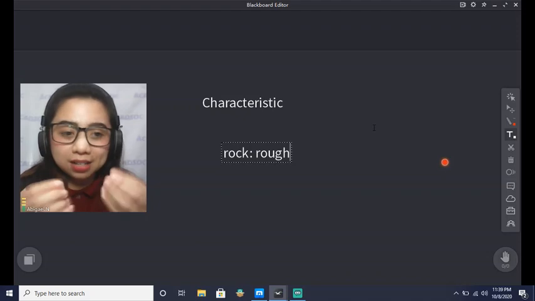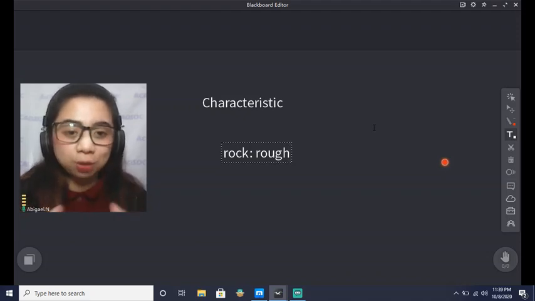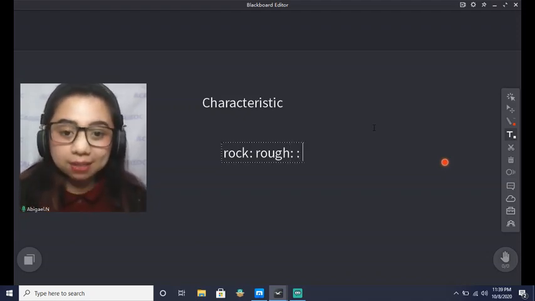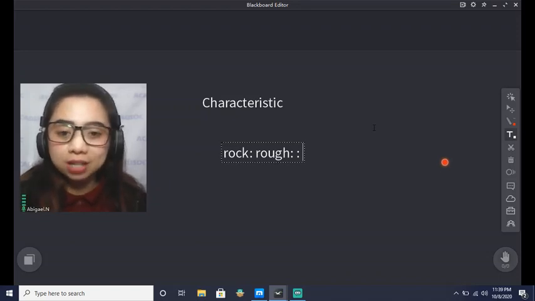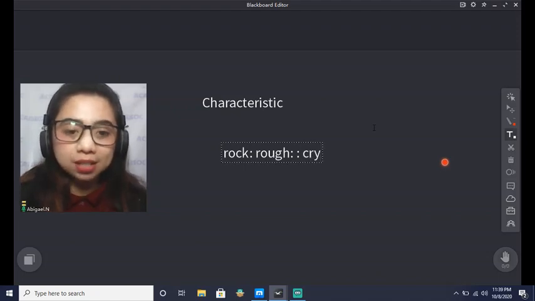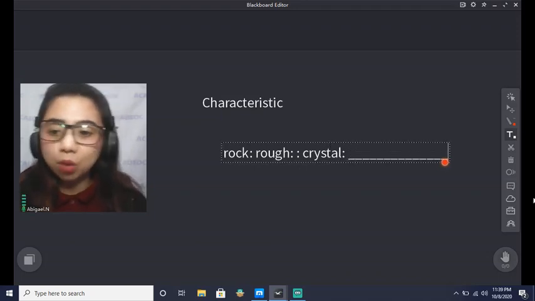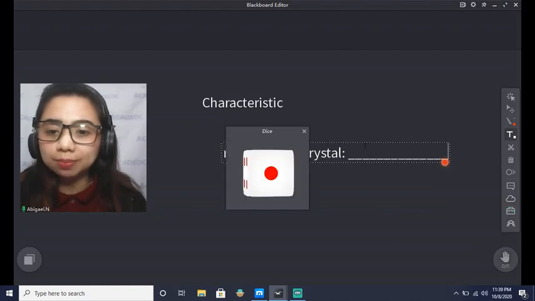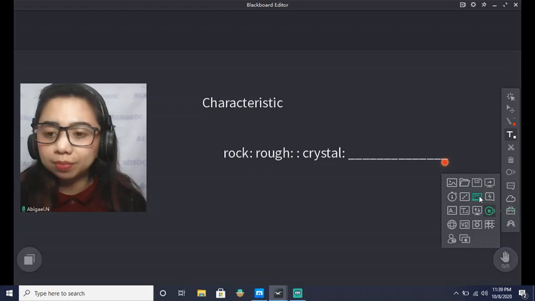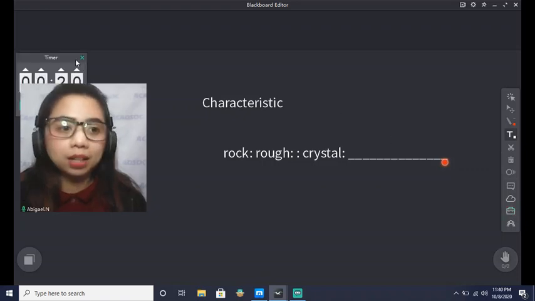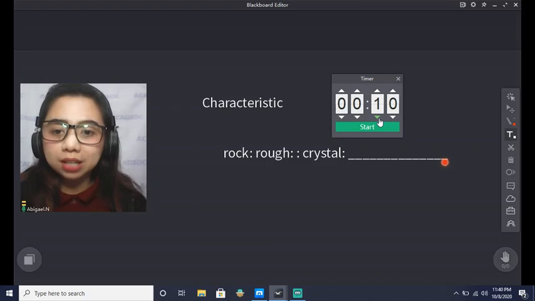There is texture. As, let's think of another pair of words. How about this one? Since rock is a kind of stone, crystal is to. Now I will set my timer, 10 seconds.